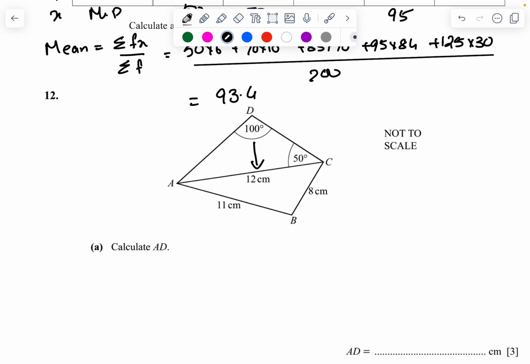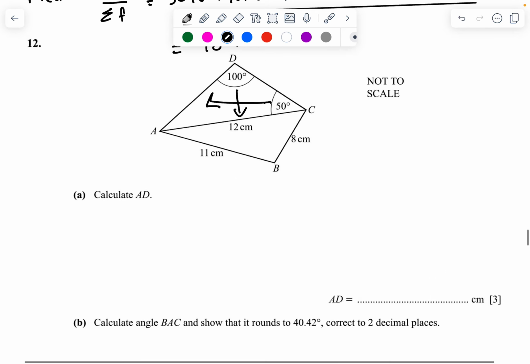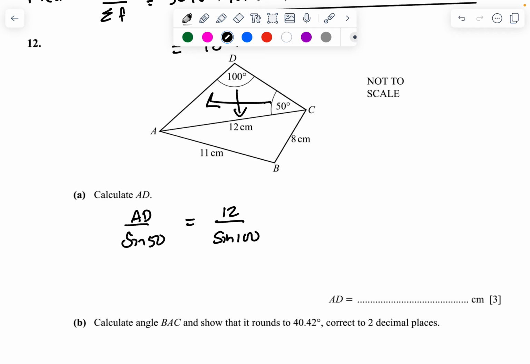I want AD, and this is the matching pair, so I am going to use the sine rule. AD by sine 50 equals 12 by sine 100. So AD equals 12 times sine 50 by sine 100. Use the calculator and you should get the answer 9.33.